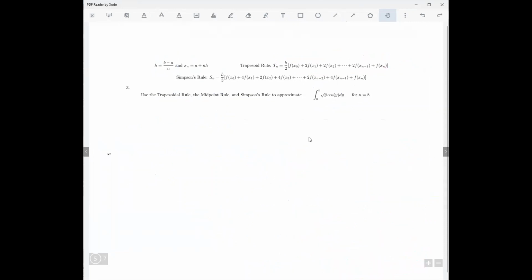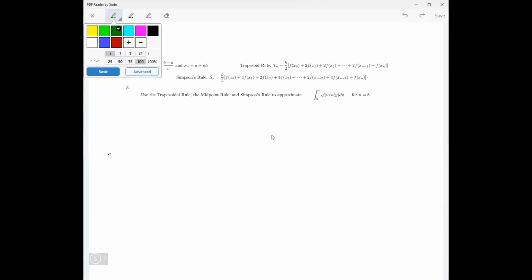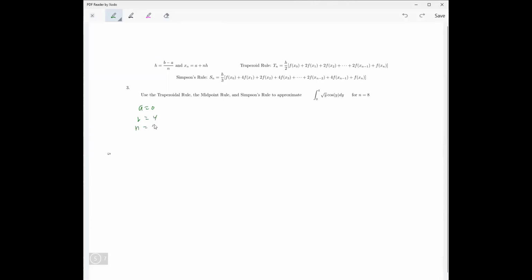Okay, number 3 is more of the same, except we're integrating from 0 to 4, and n is 8. So for this one, A is 0, B is 4, N is 8. So that means our H is going to be 4 minus 0 over 8, which is going to be 0.5.